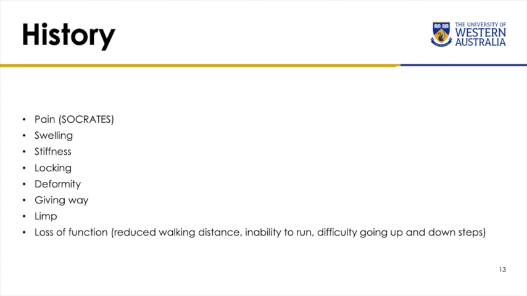For example, a direct blow to the front of the knee is commonly seen with a posterior cruciate injury, whereas a blow to the side may lead to a collateral ligament injury, and twisting injuries are more likely to cause a cruciate ligament rupture or a meniscal injury.